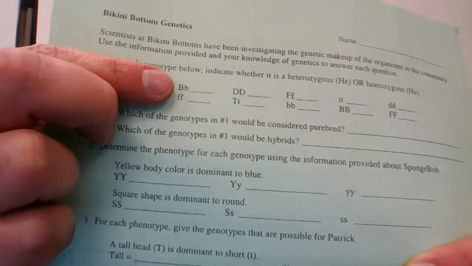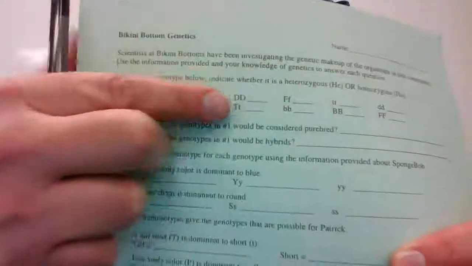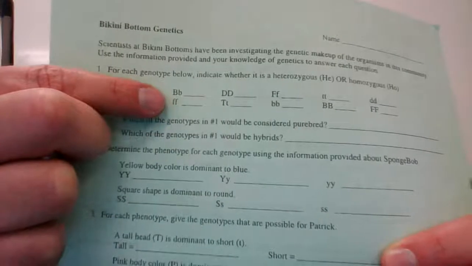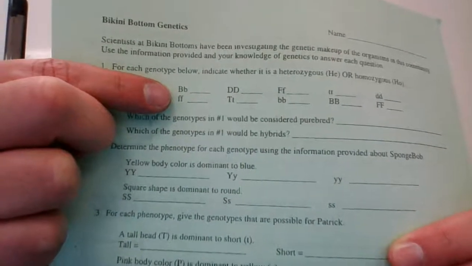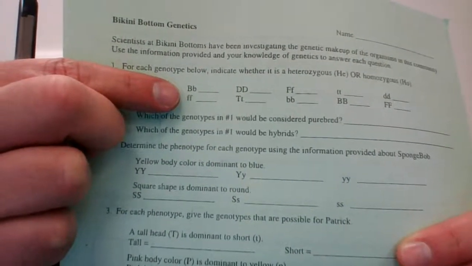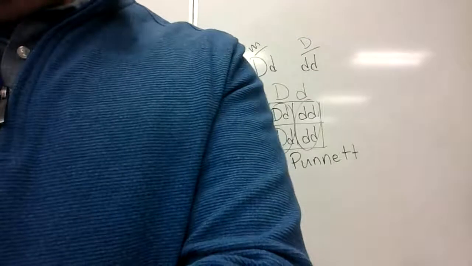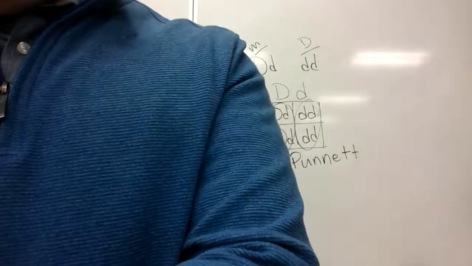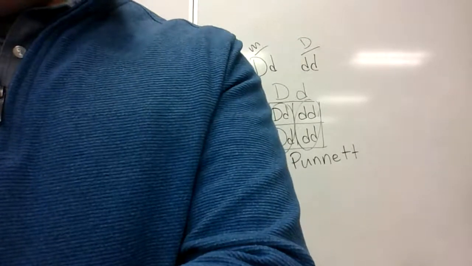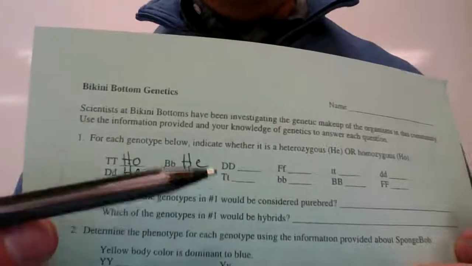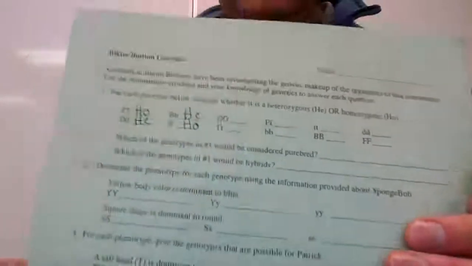So again, you'd write HE, right? And then little f, they're both the same. That is recessive homozygous. So if I were to fill this out, I would fill it out like this, right? Homozygous, heterozygous, heterozygous, homozygous.